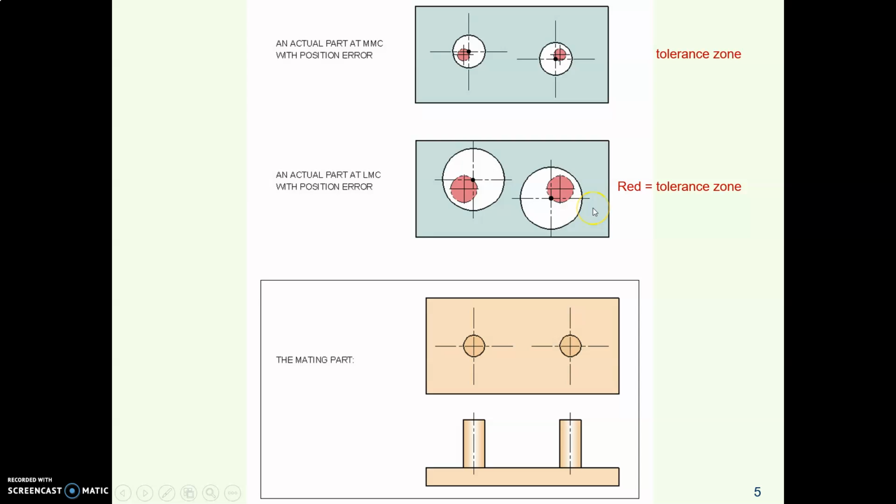That's the basic idea behind allowing yourself a bonus tolerance. And yes, I have totally exaggerated the sizes for the purposes of making a point. You would never actually make a part that had that much size difference and that much tolerance difference.